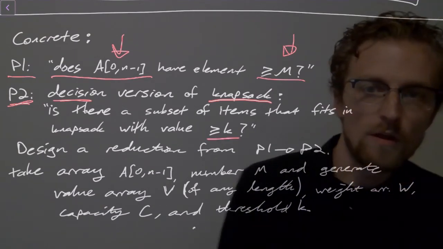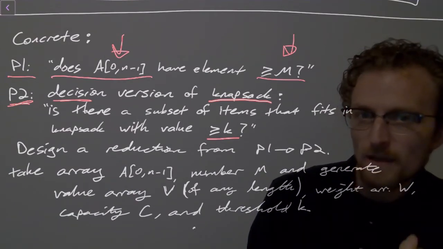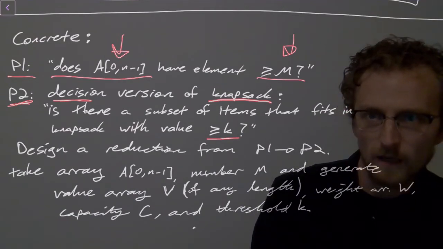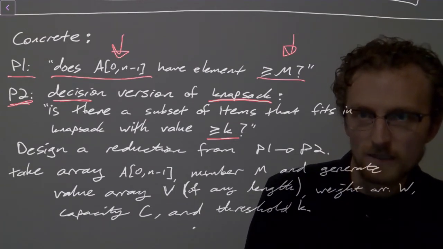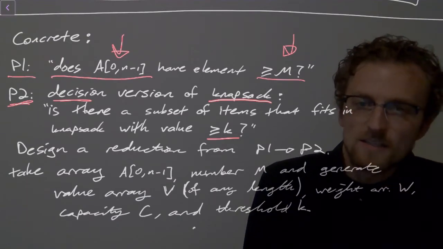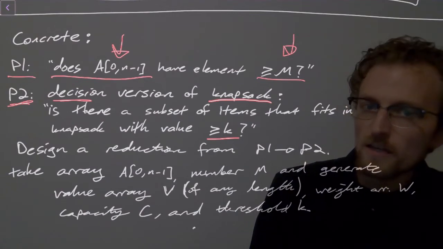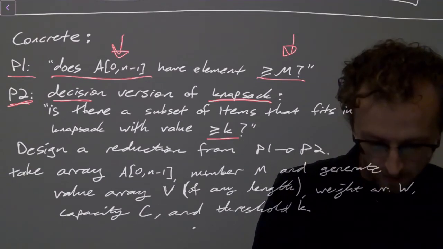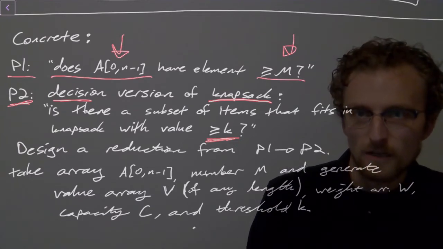So the decision version of the knapsack is exactly the same as the optimization version, but it also has this threshold k. It's asking a question of existence of a subset. It's not explicitly trying to find the best. It's just asking, does there exist a subset with a total value of at least k that fits inside the knapsack?